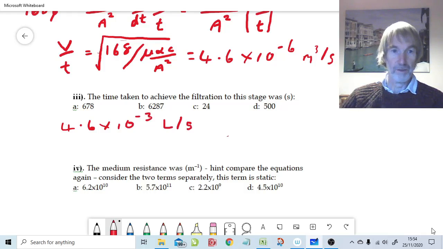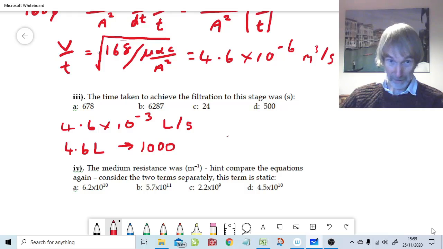So the time taken to filter 4.6 litres, which is the total volume of filtrate in the previous question, would be 1000 seconds. So the time taken to filter the total amount of filtrate, which is 4.6 litres, would be 1000 seconds.